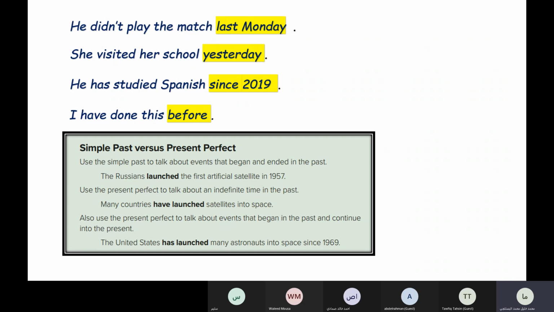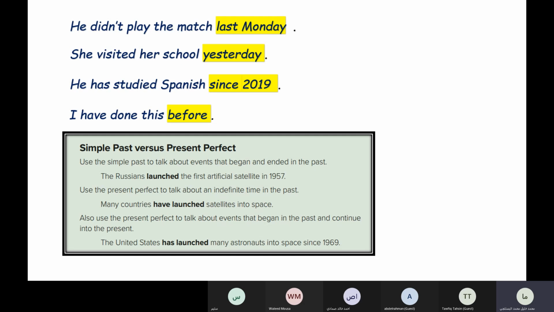But before we read, we have some verbs that do not take the ing form. We call them stative verbs. Like what? What do you think?